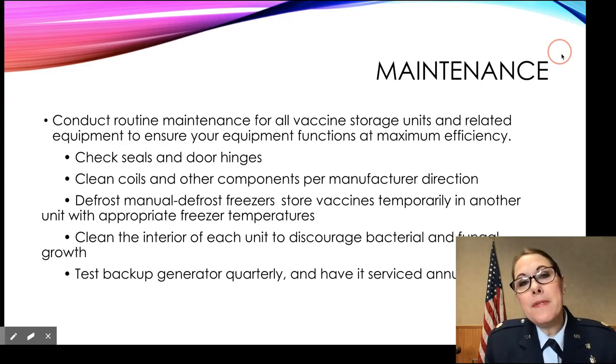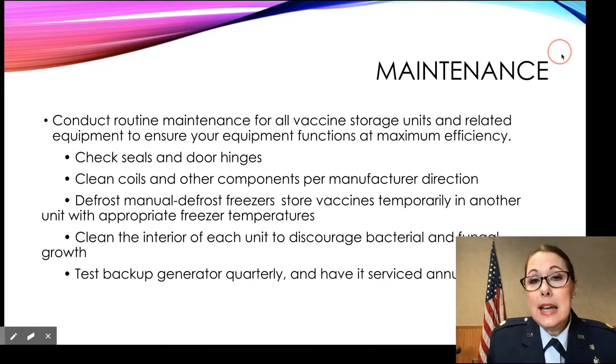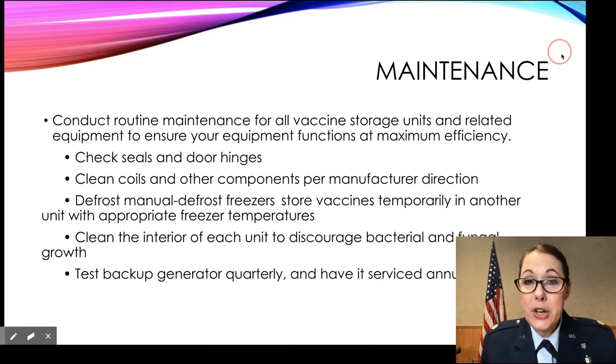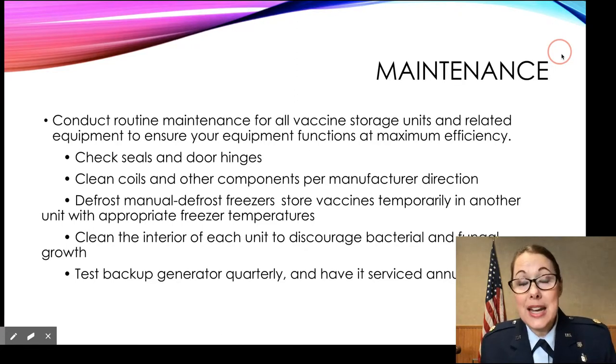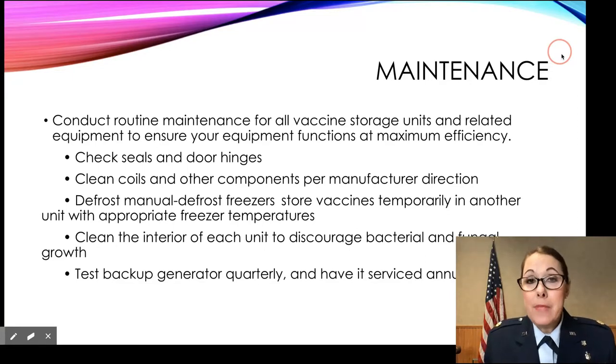If I open the vial that has the PPD in it, it has to be kept in dark, so I want to keep it in its box all the time. But it's only good for 28 days once the cap has been taken off. So even if the expiration date isn't until next year, that vaccine is only good for 28 days from the time I take that cap off and stick the first needle in it.